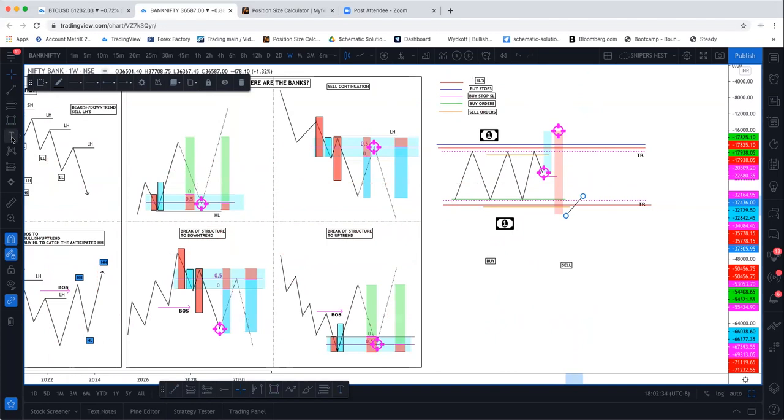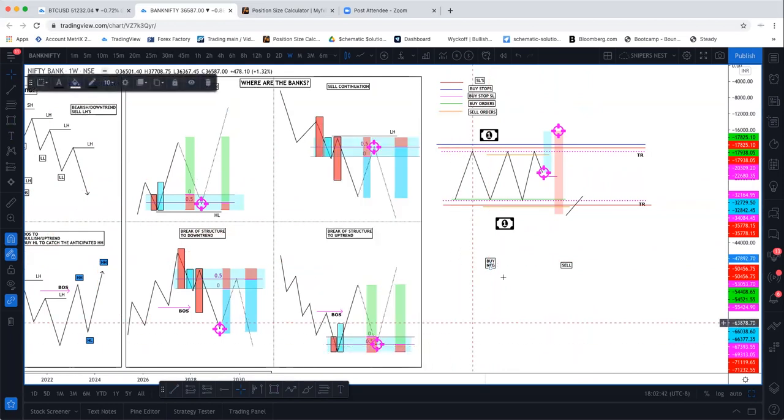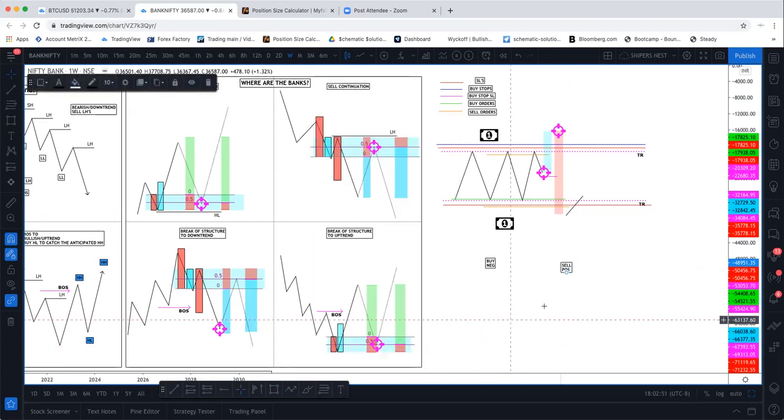Our buy position would be negative. Does that make sense? Because if we bought from right here and we're underneath it, we're negative. And our sell position, if we sold from up here and we're all the way down here, we're positive. So right now the banks are positive in their sells, but they're negative in their buys.